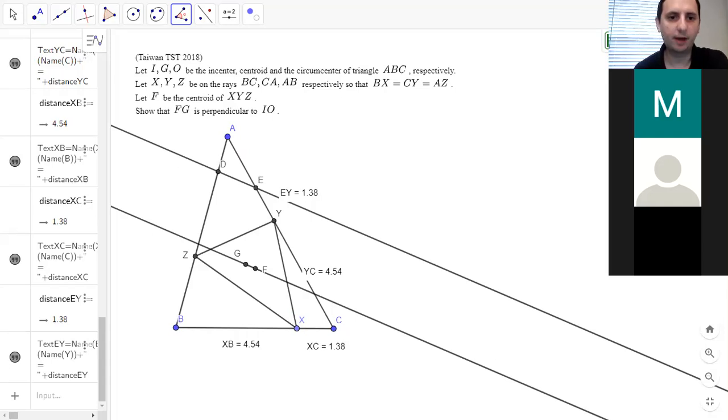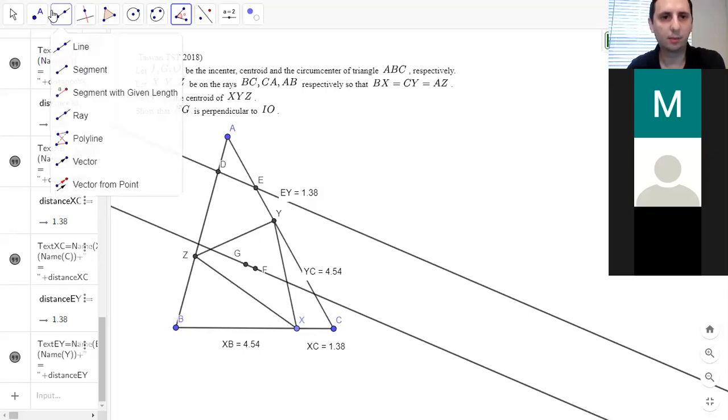It almost looks like vectors would be an interesting way to solve this. So do we want to draw the midpoints of BC and YZ? That might be the best.